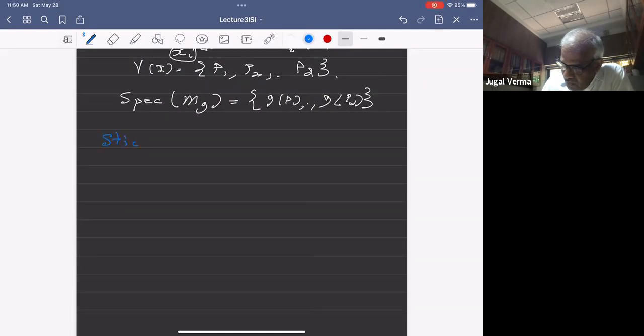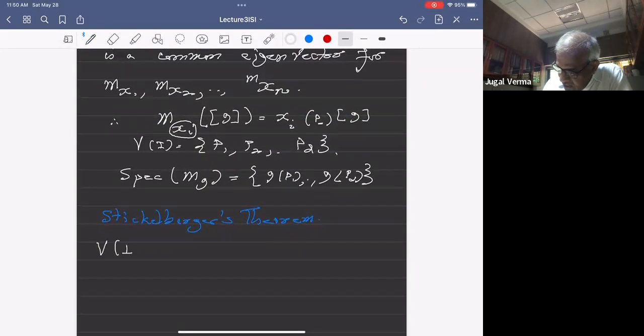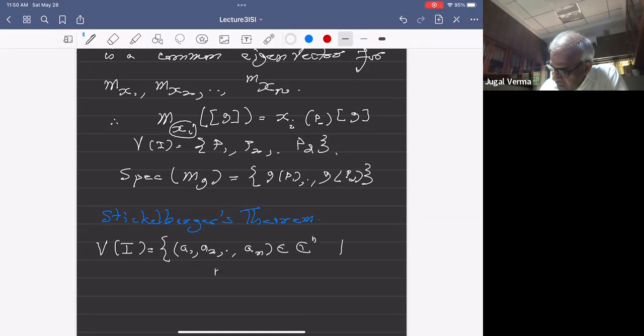Stickelberger's theorem says that the zero set consists of these points A1, A2, AN in Cn, so that there exists a common eigenvector such that mxi operating on this common eigenvector is equal to ai times the common eigenvector, for i equal to 1, 2, up to n.